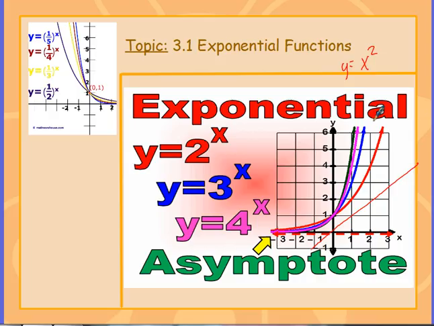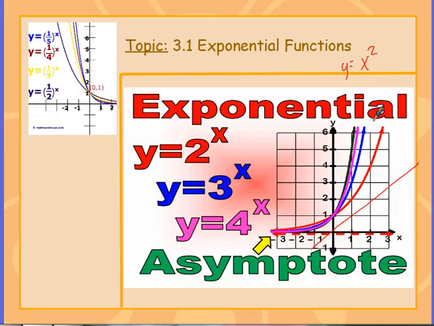Does that make sense? So when we see these functions, this is kind of how they act. We're not really going to get too far into the graphs. I just wanted you to see what they look like. So this is y equals 2 to the x, 3 to the x, 4 to the x. They all grow exponentially. They grow fast. Or if they're decaying, they come down exponentially as well.